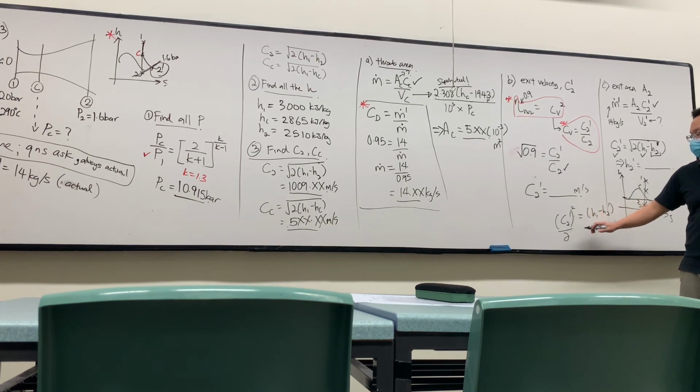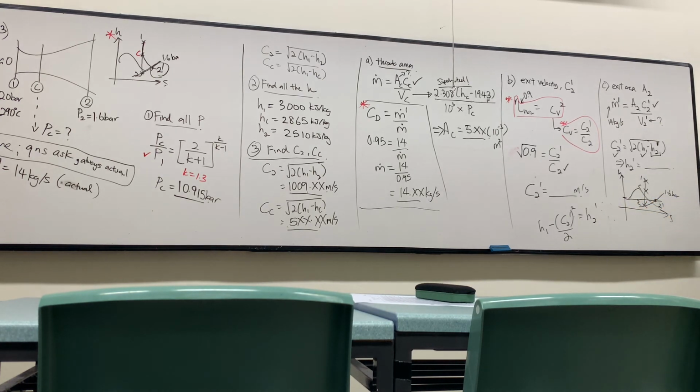So once you divide, what happens? You do next, switch over. So you can bring this over here, and bring this one over there, so it becomes h1 minus this equals h2 prime. So listen, all these must be in what unit? Joule.